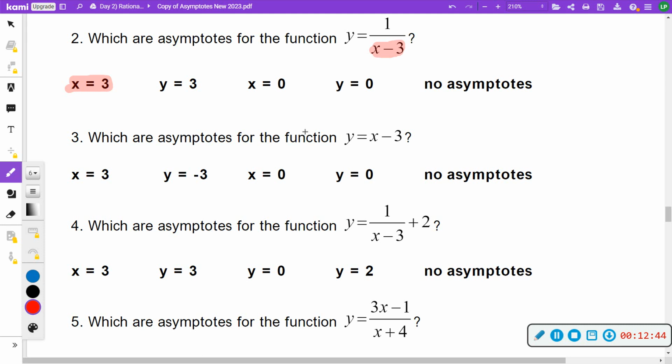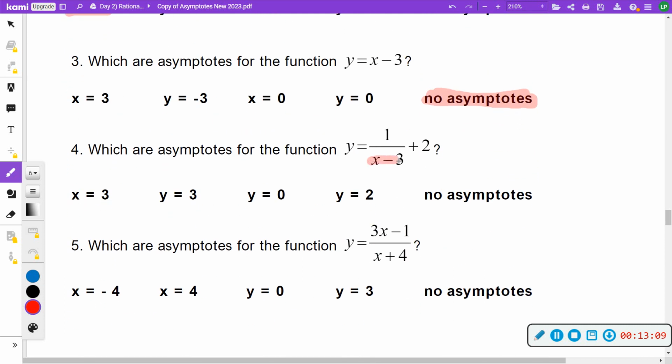What are the asymptotes for this function? So when is the denominator equal to 0? There isn't one. We could assume it's 1. So this one does not have a vertical asymptote. And in fact, it's a line. Lines don't have any asymptotes. So this one has no horizontal and no vertical asymptotes.